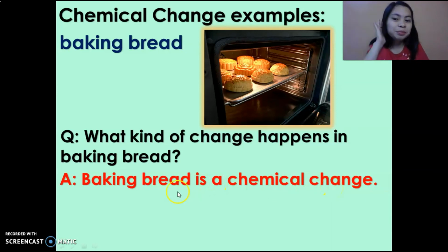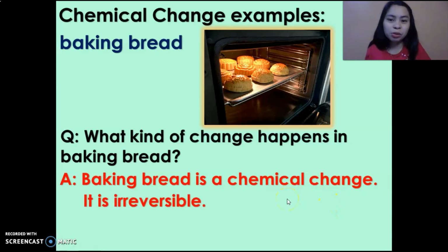One more time. Very good. And baking bread is also irreversible. It is irreversible. One more time. Okay, so there you have it. This is all about the changes in matter.